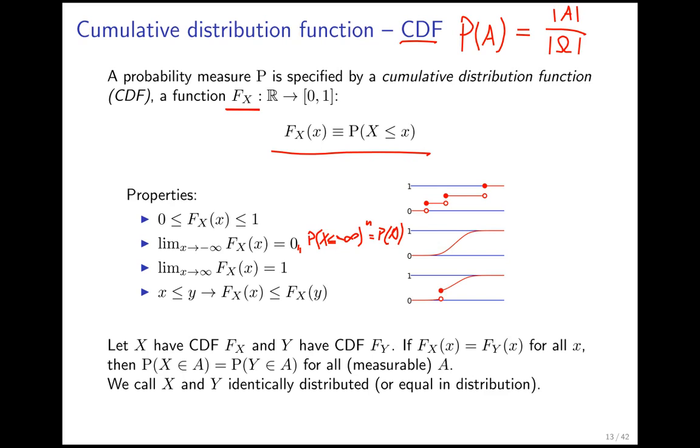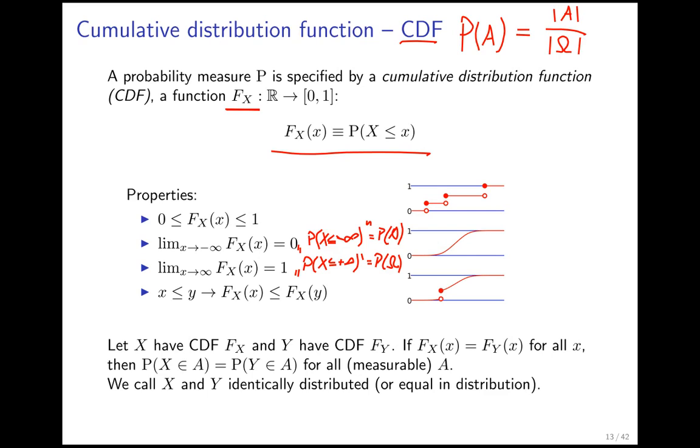And conversely, the limit of x to infinity has to be 1, because this corresponds to P of X smaller or equal than plus infinity, and that's P of omega actually. Why? Because again we have real values, and every real value has to be smaller than plus infinity.